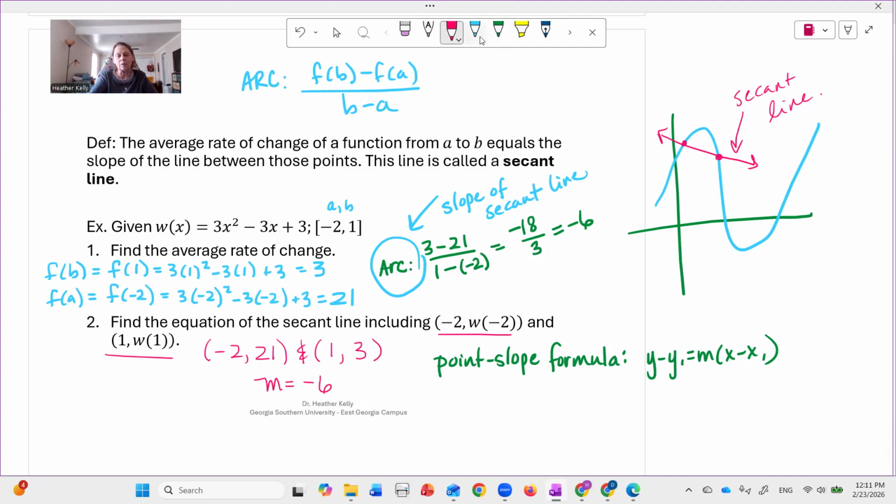Now, remember, we did this a while ago, so you might not remember, but it doesn't matter which point we choose. So I'm just going to choose this point here because I don't want to deal with 21. I want to deal with smaller numbers. So here we go. y minus 3 equals negative 6 times x minus 1. And then let's clean it up and put it in slope-intercept form. So y is equal to negative 6x plus 3. And this is our equation of the secant line.